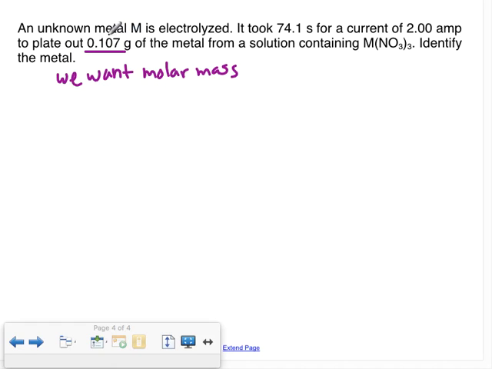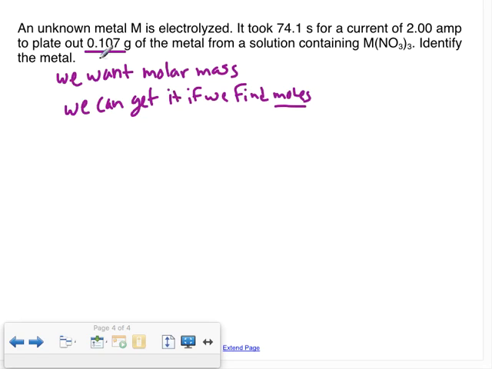So if we find the moles, we can get the molar mass. All right. So we're not going to be able to use the 0.107 grams until the end when we know how many moles we have.